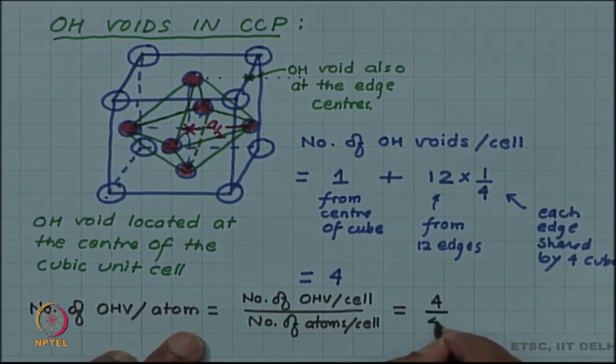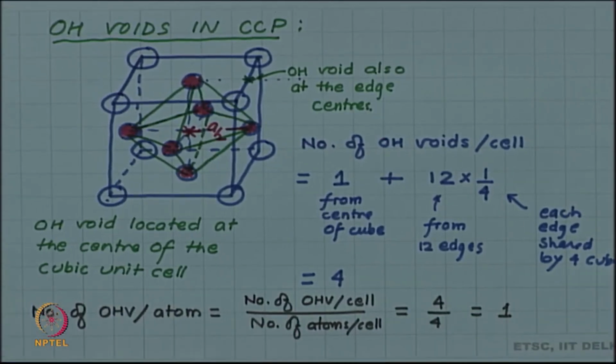Both of them are 4. So, we get a nice number 1. So, there is one octahedral void per atom in a cubic cell, 1 OHV per atom.